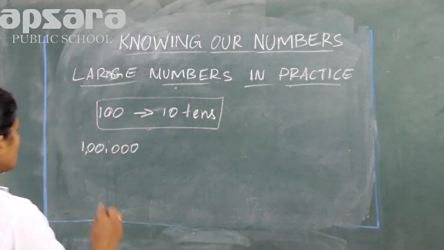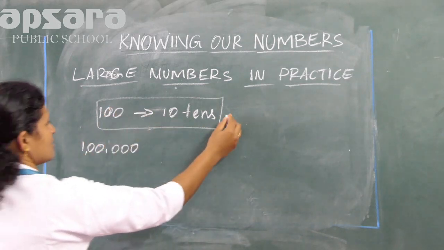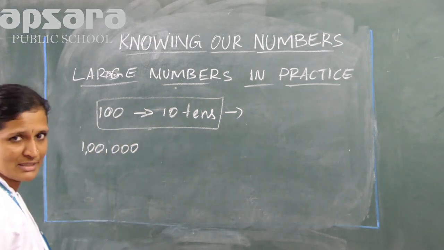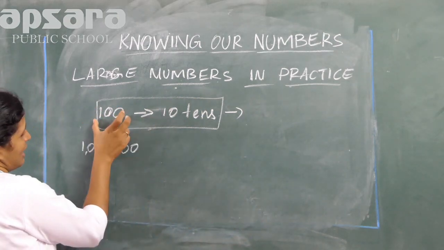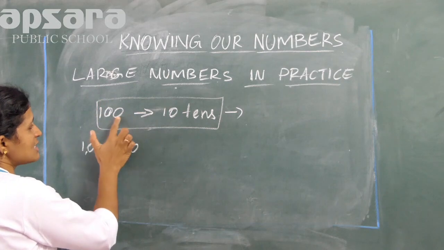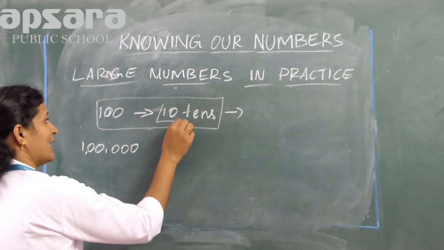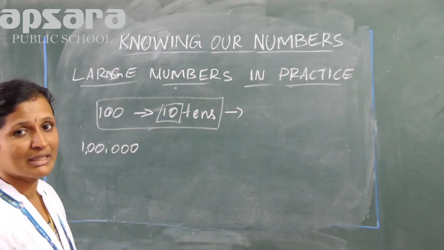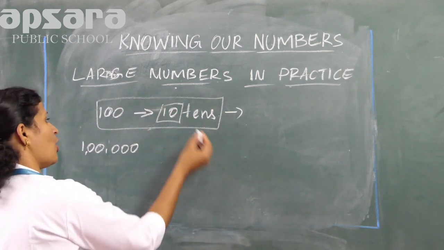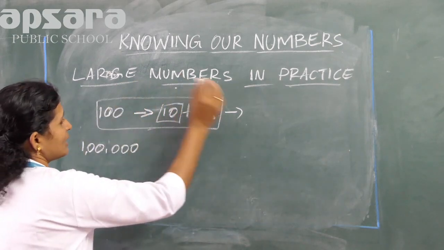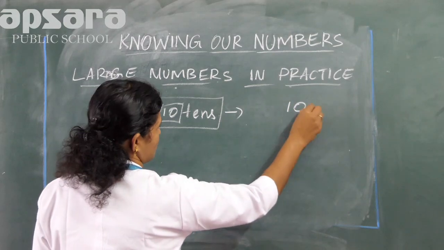For example, now look here. Let us take the same example, 100. How many tens are there in 100? Which number do they ask you to split? 100, right? How many zeros in 100? 2 zeros. And they ask you to split that 100 into which number? Tens. So in 10, how many zeros? 1 zero, right? Now, write the number they ask about on the reference side.